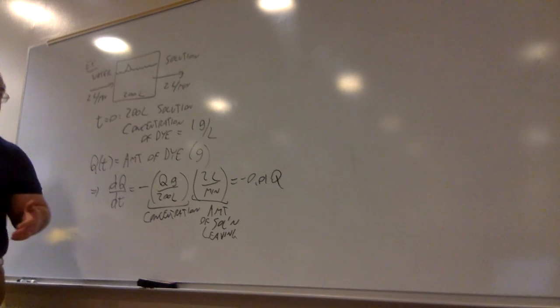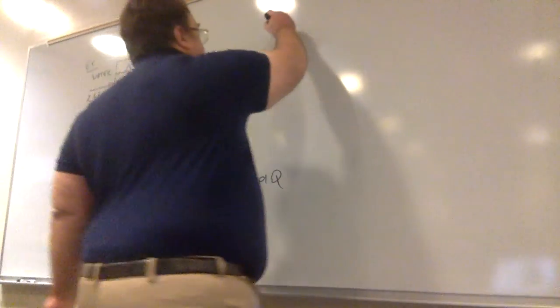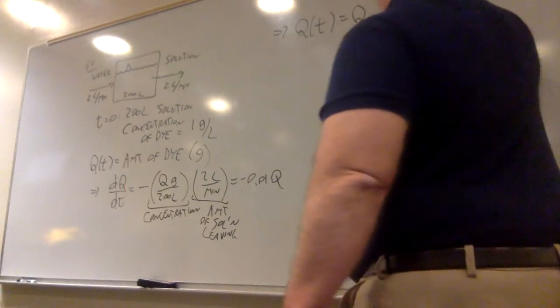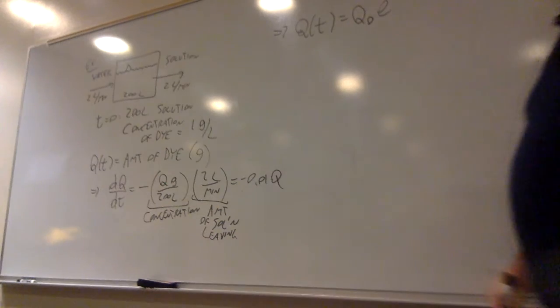So it's the same kind of ODE that we've been dealing with, where this is your constant, so your A, and B is 0, being minus 0.01. So your solution, using the same old solution formula, is your initial amount, e to the minus 0.01 t.